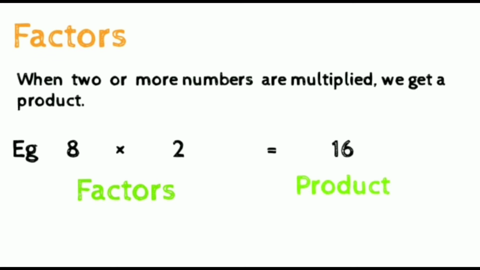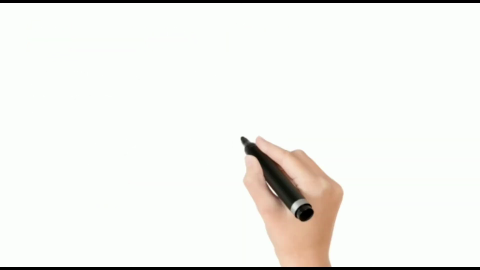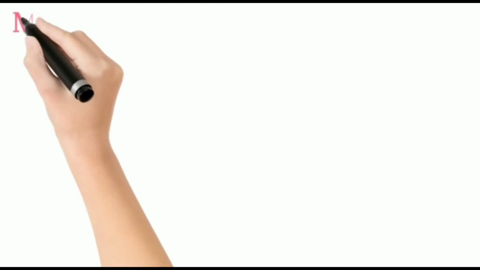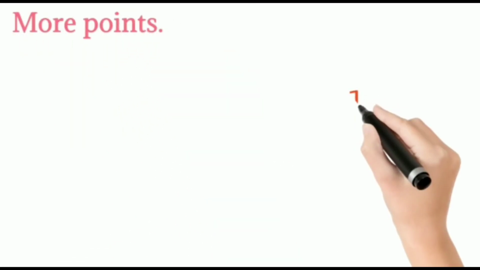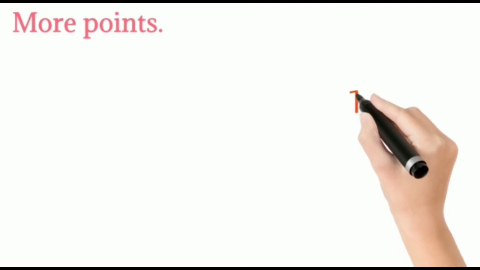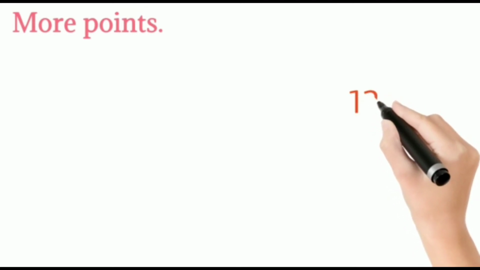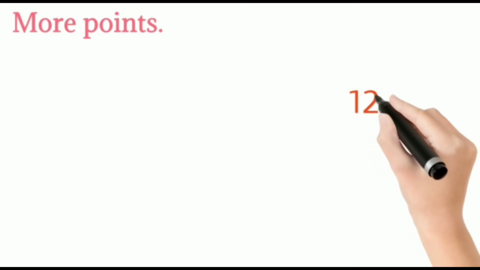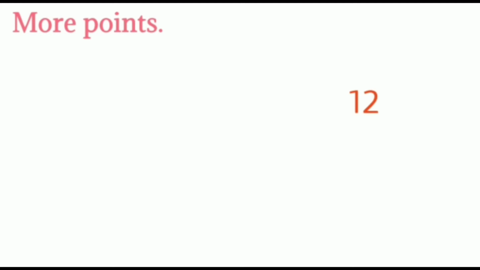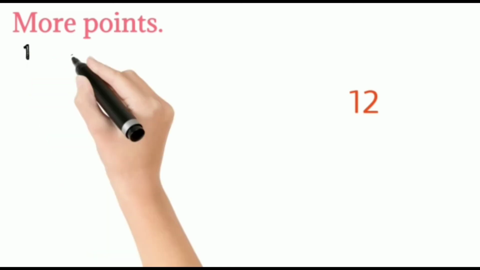Here are some more points about factors. I am taking the number 12. Which numbers do we have to multiply to get 12? First, 1 into 12 equals 12.